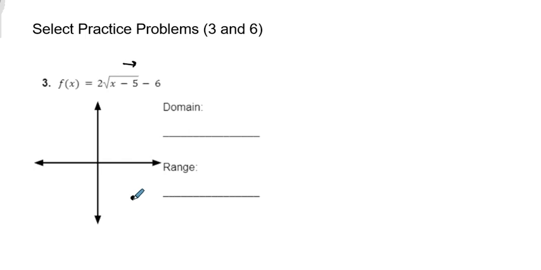And I know these normally open up like this, and it's going to stay that way because there's no negative there. And then there's a 2, which means it's going to open quicker. So I'm going to take a wild stab and say that this is going to look like that. Now let's put it in Desmos and see what we're doing.